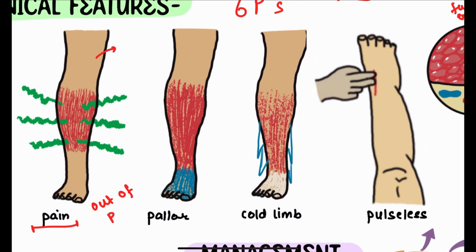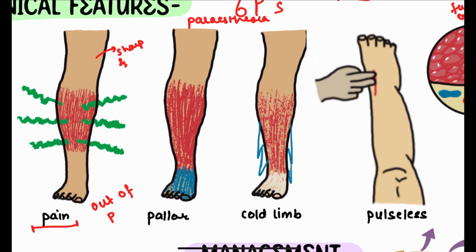The pain is a sharp and deep type of pain which worsens with passive stretching. The next P is paresthesia, which is an abnormal sensation, that is the feeling of pins and needles, and if it is not treated on time, it can lead to anesthesia.